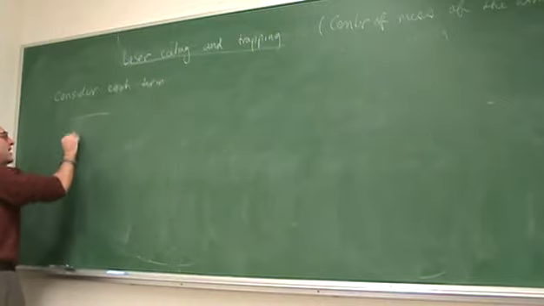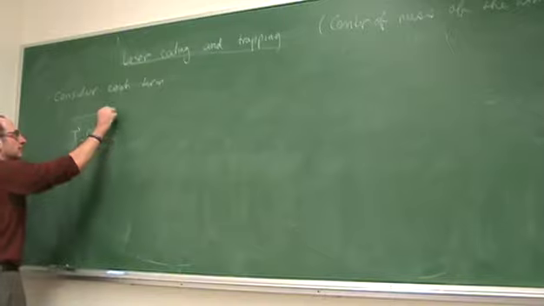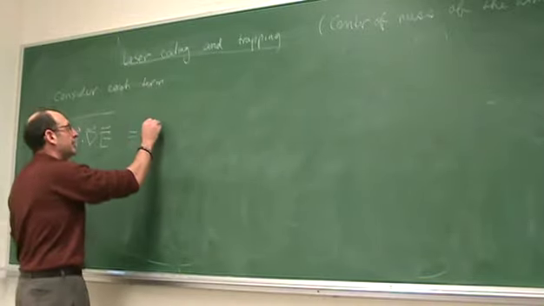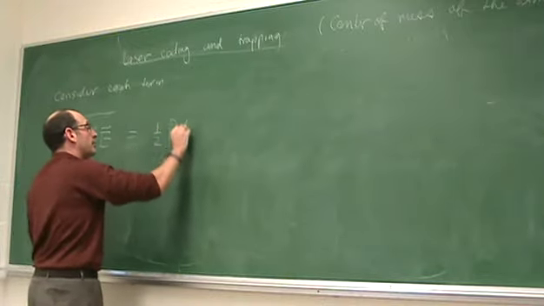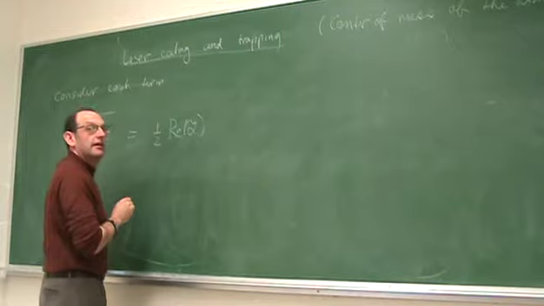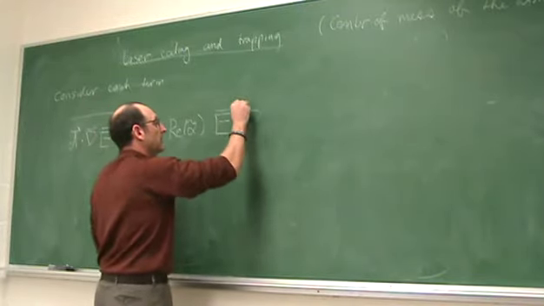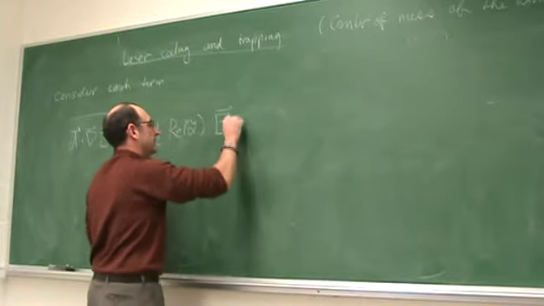If I look at the time average of d dotted into the gradient of E, plugging in what I have there, I see that this is equal to 1/2 the real part of the polarizability, E dotted into the gradient acting on E at the position.